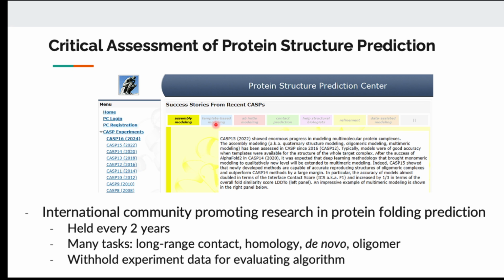So some of you might have read the news about AlphaFold, and some of you might have seen the reference to this competition, Critical Assessment of Protein Structure Prediction, or CASP.